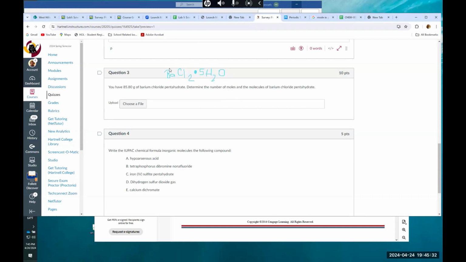What do I need to figure out first? The molar mass, that's right, of our barium chloride pentahydrate. So how many bariums do we have? 1.